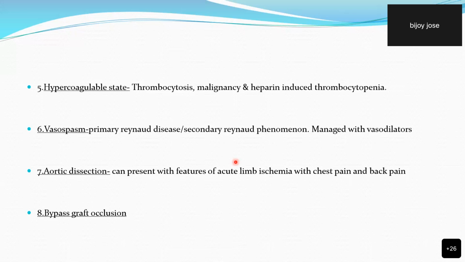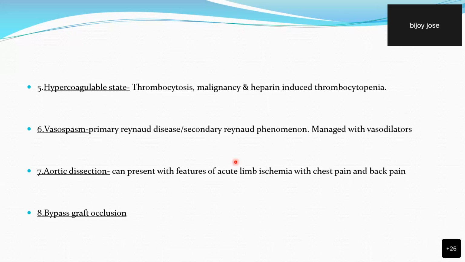Aortic dissection is another pathology. The patient can present with acute limb ischemia, and one symptom the patient may give is acute, sudden onset chest pain radiating to the back. The patient may not have a palpable pulse.